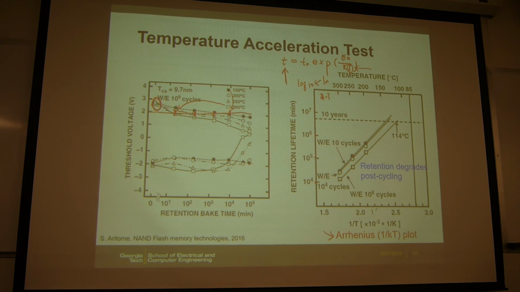It's the same thing. k is this Boltzmann constant. And you use 1 over kT as the x-axis. You need to convert the temperature first from Celsius to Kelvin. This T is in Kelvin, the scientific temperature. And then you have kT, and then you take 1 over kT.